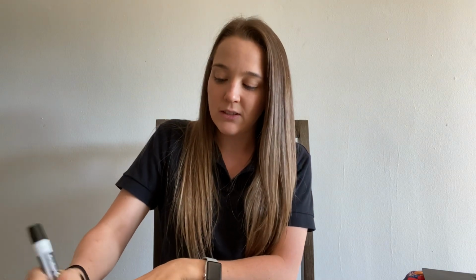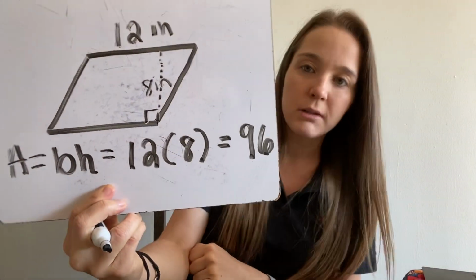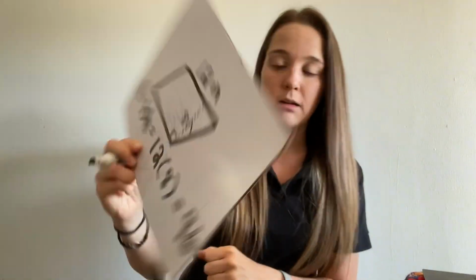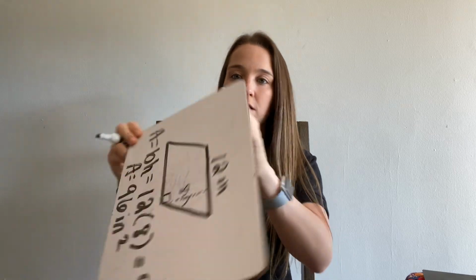And then we'll know that area equals base times height. So we have to take the base, which is 12, and the height, which is 8, and multiply them together to give us 96. Now, if that was inches in our original units, then we're going to be talking about inches squared. So it's going to be A equals 96 inches squared.